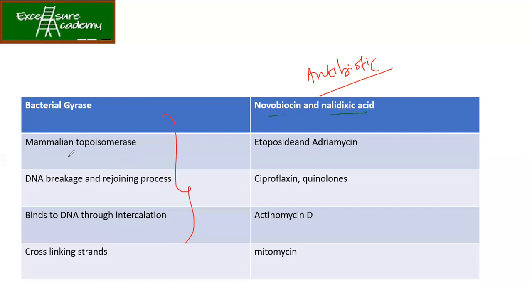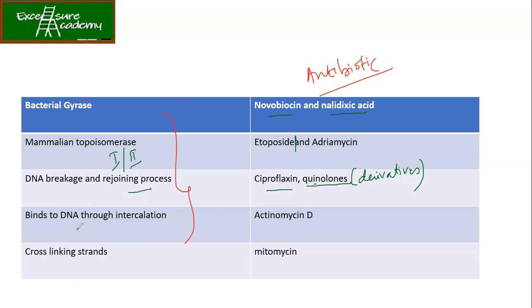In the case of mammalian topoisomerase, which can be 1 or 2, it is etoposide and adriamycin. Then for the DNA breakage and rejoining process, ciprofloxacin, quinolones. So you have quinolones and derivatives. So pay attention to the names: wherever quinolones or fluoroquinolones come up, understand that they are asking about this DNA breakage and rejoining process.